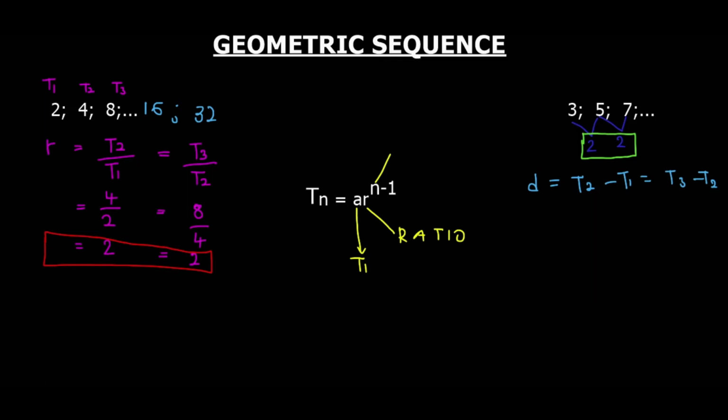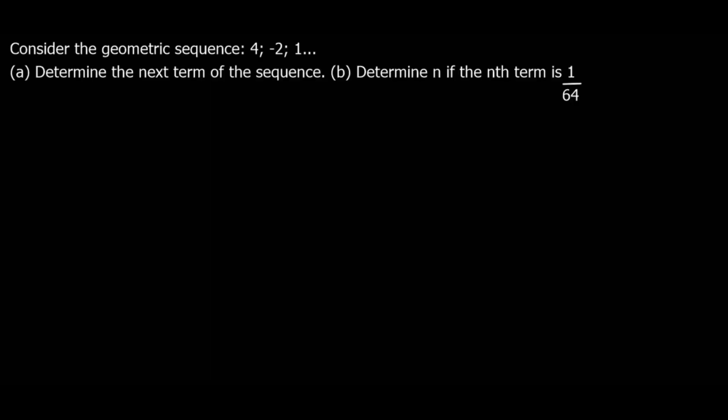But now let's go over some practice problems for those questions in your test or in your exam. This is example number 1. Consider the geometric sequence. So this means this is a geometric sequence, and the first 3 terms are 4, -2, and 1.